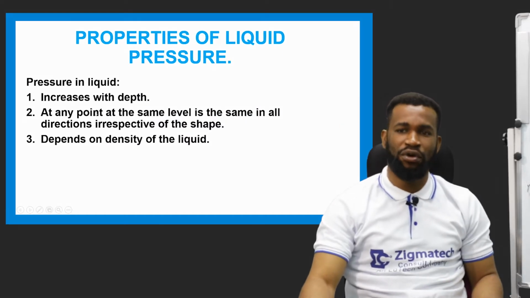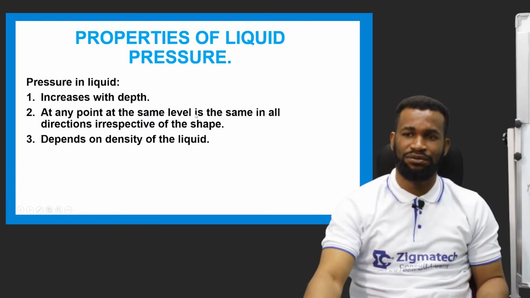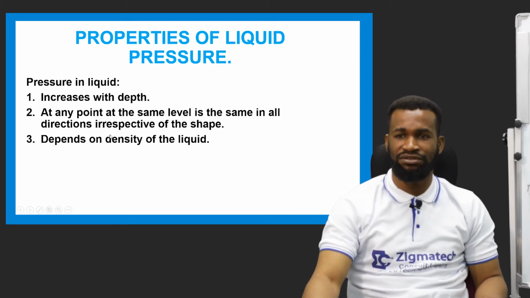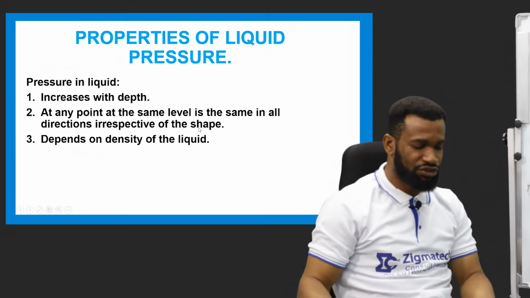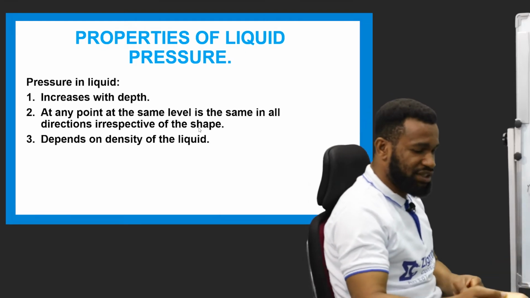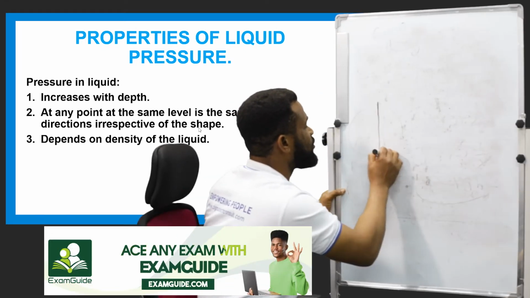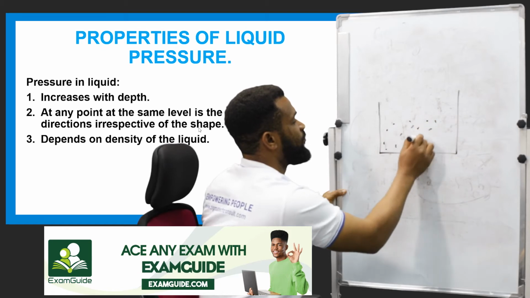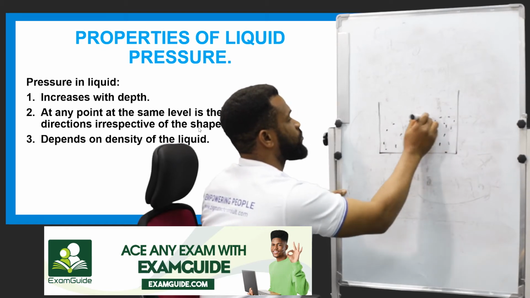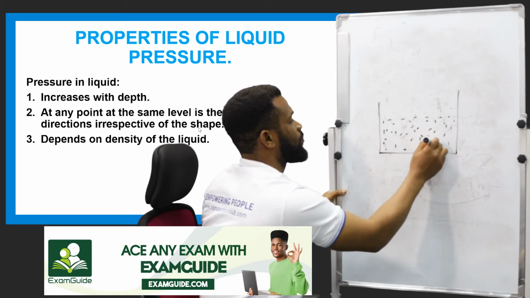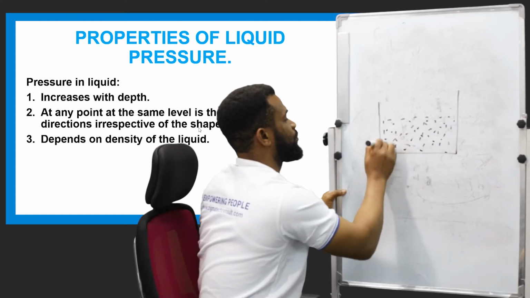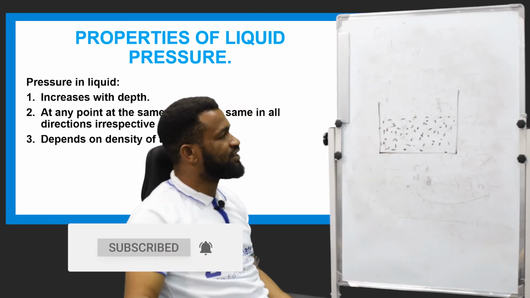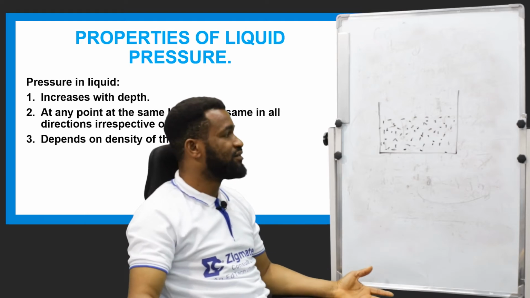Now, the pressure at any point at the same level is the same in all directions, irrespective of the shape. So what we mean is this. This is a container filled with a liquid.